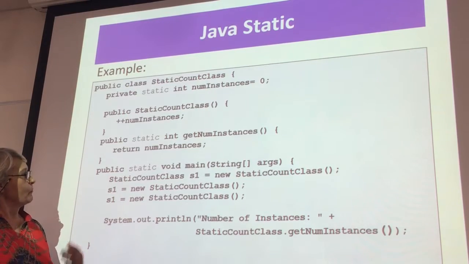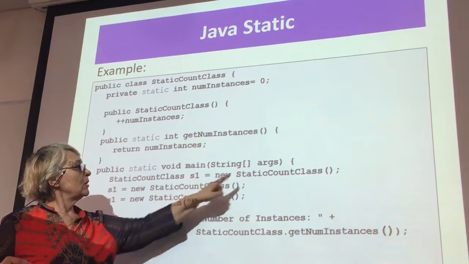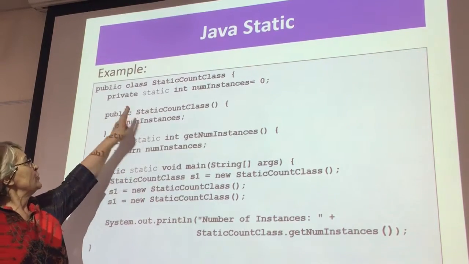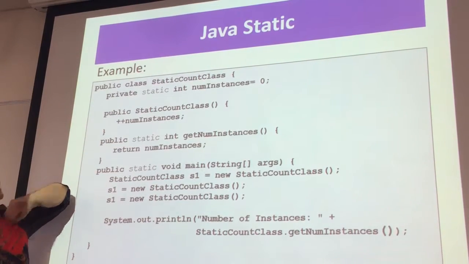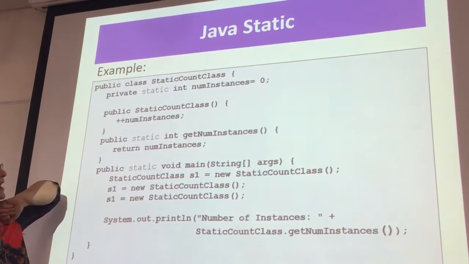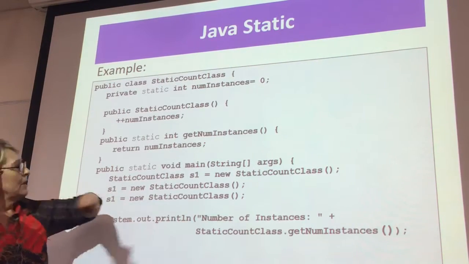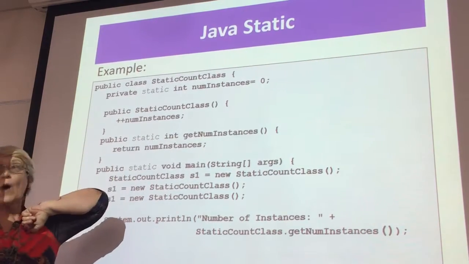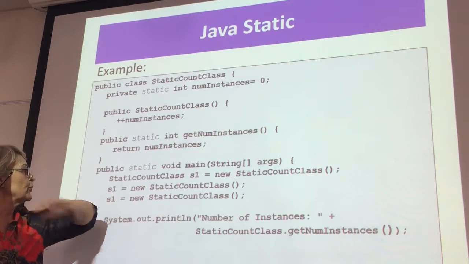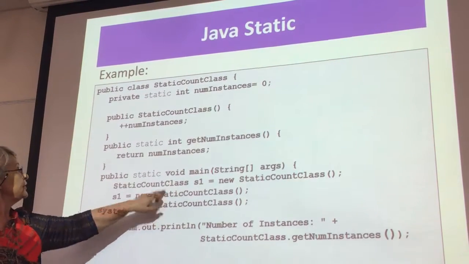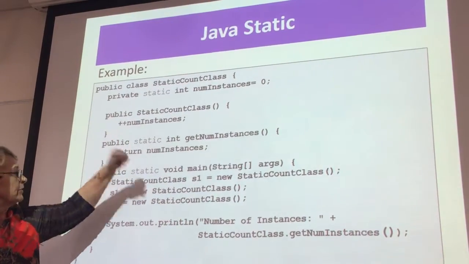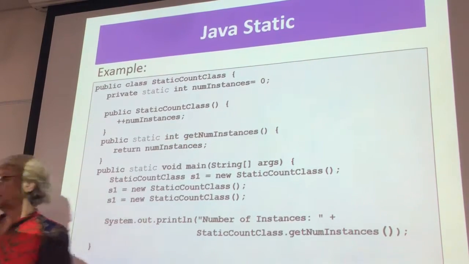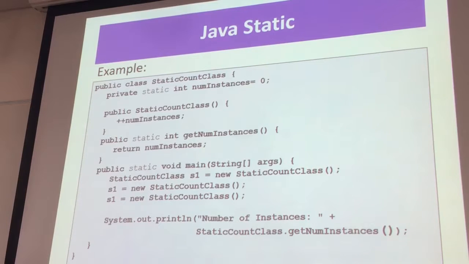Then we declare objects of this type, invoking the default constructor which updates the static data member, incrementing by 1 every time a new object is created. So at the beginning we start from 0 and it is incremented to 1, then another object, incremented to 2, then 3. Therefore, when we invoke this method, we output 3.